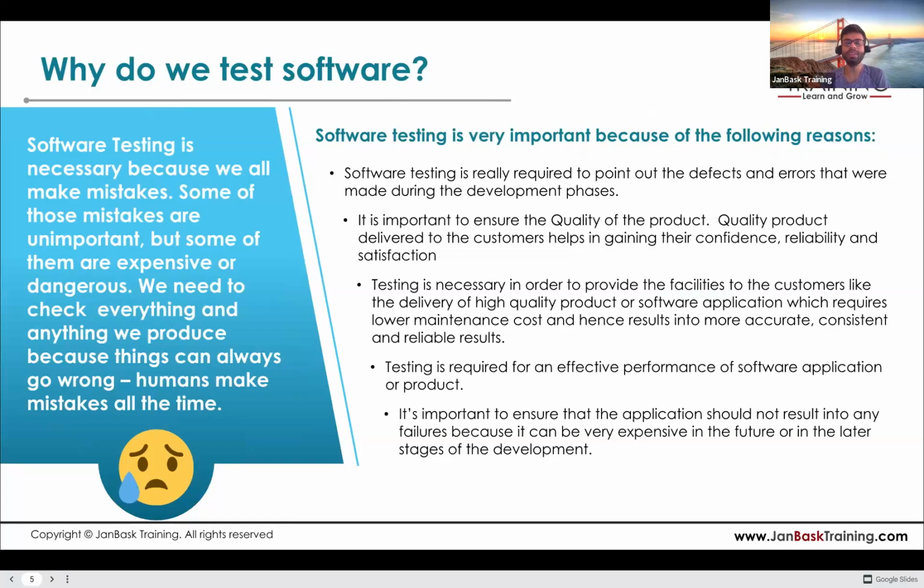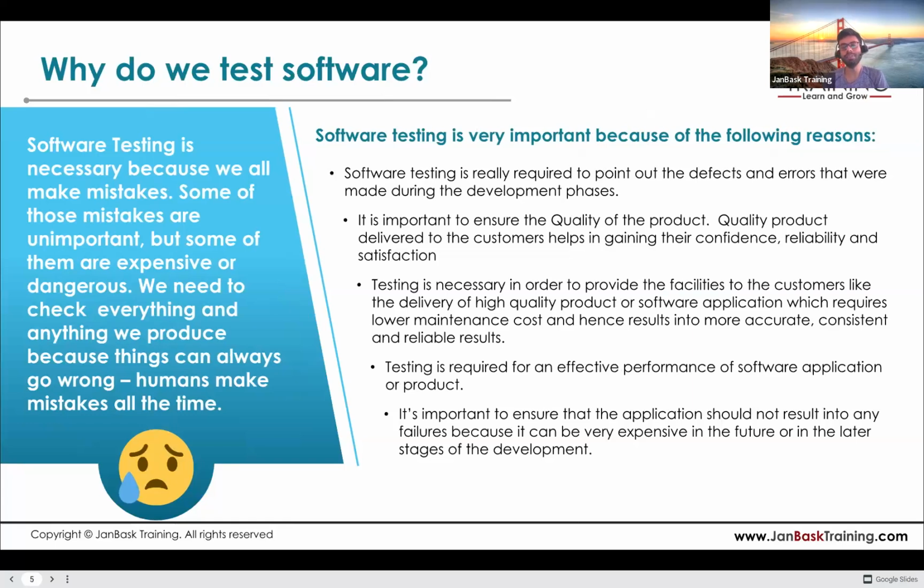The first point says that software testing is really required to point out the defects and errors that were made during the development process. During development, the developers might make some human error, some programmatical error, and that might cause a deviation between the expected result and the actual result.